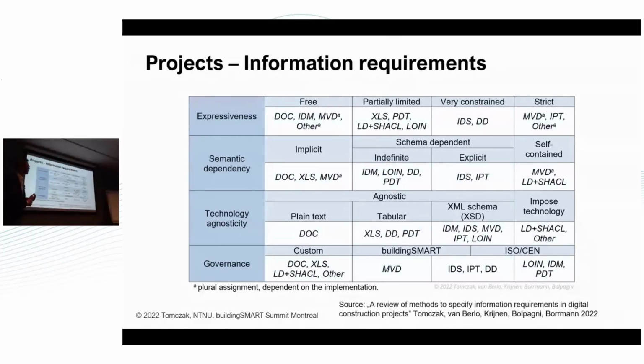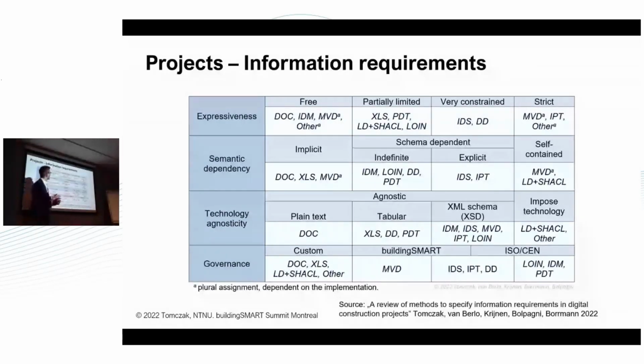We can be more free if we use a text representation of requirements, for example, in a text document, or can be a bit limited in the spreadsheet because we need to comply with these rows and columns. But for example, if you use IDS or a data dictionary, you're very constrained because you only have limited options. You can only ask for property, classification, material, and so on.